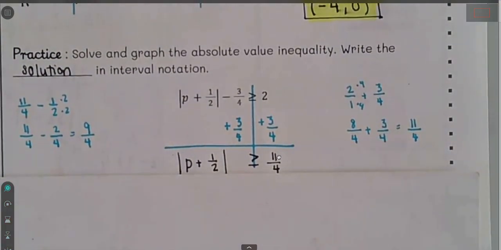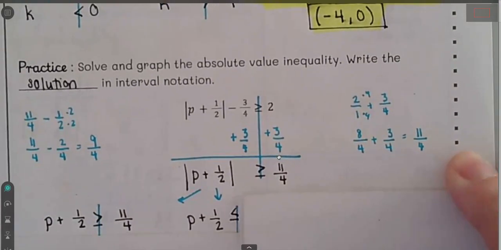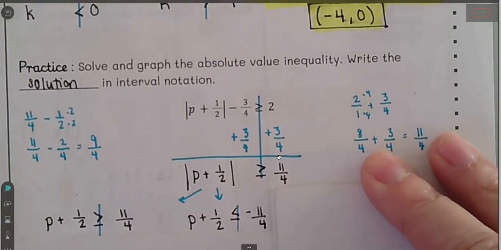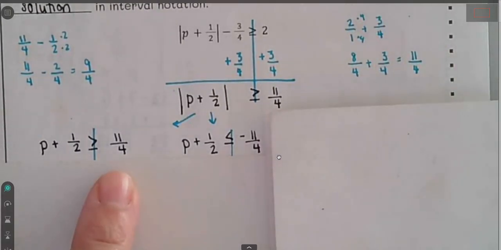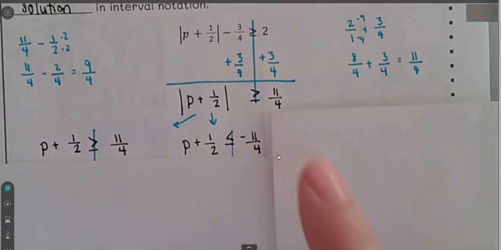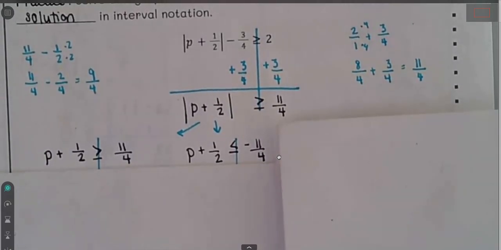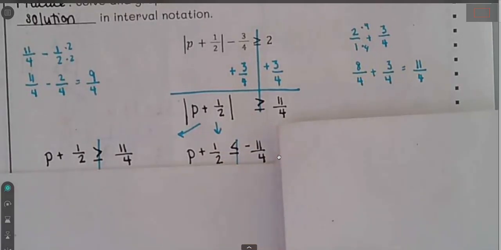When I split these, I'm going to get p plus 1/2 is greater than or equal to 11 over 4, and p plus 1/2 is less than or equal to negative 11 over 4. And notice that with the negative counterpart, the inequality symbol flips around.